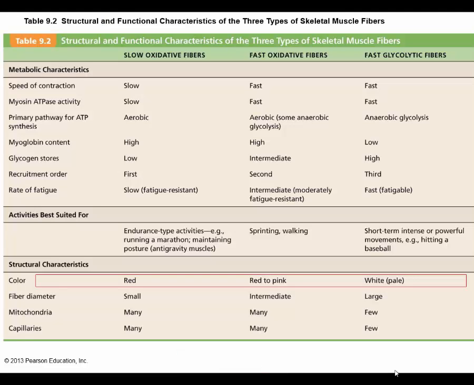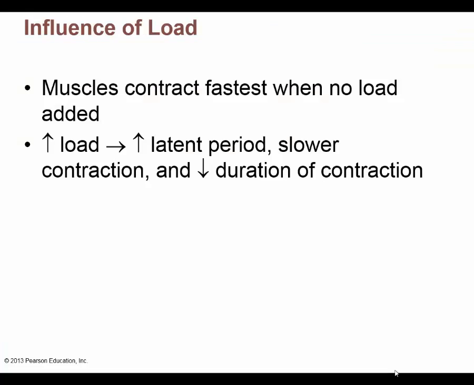This kind of sums it up. This shows red, pinkish red, white, whether it fatigues fast or slow, how it contracts, its duration, and how fast you contract. This makes sense: muscles contract faster when there's no load.